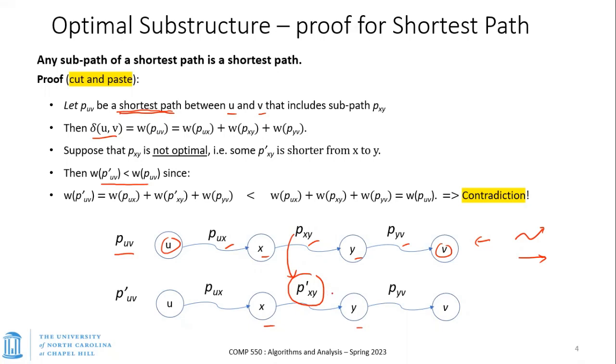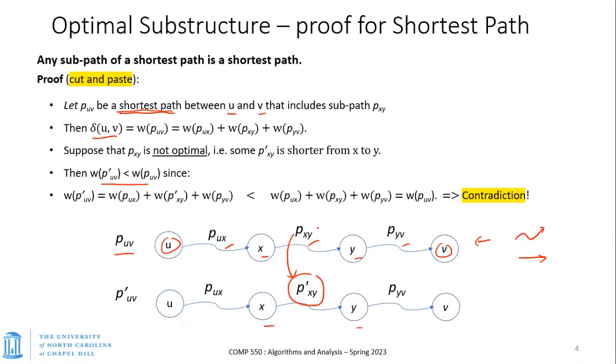So P prime XY is less than PXY. In other words, this is not following the optimal substructure property. To show that would be a proof by contradiction.